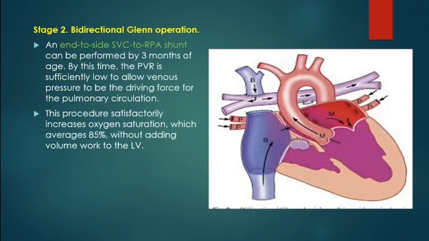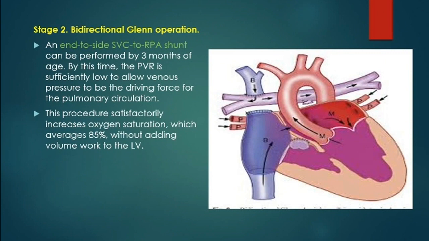Then comes the second stage, which is the bidirectional Glenn operation. This is a shunt between the end of the superior vena cava to the side of the right pulmonary artery. It's usually performed after the age of 3 months. By this time, the pulmonary vascular resistance is sufficiently low and allows venous pressure to be the driving force of the pulmonary circulation.